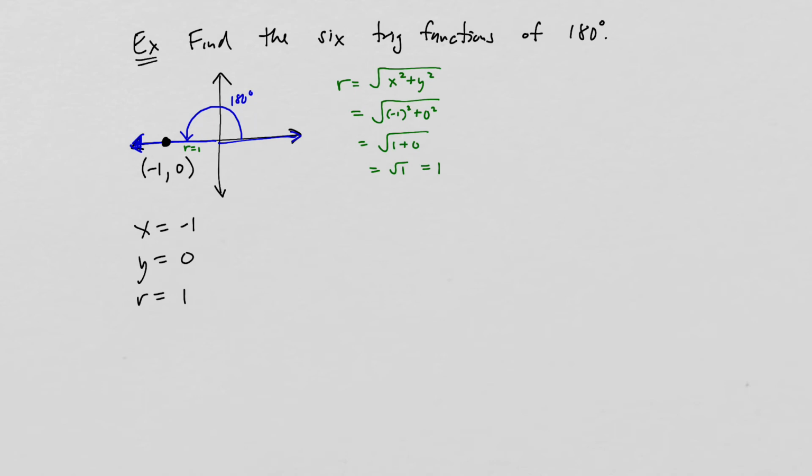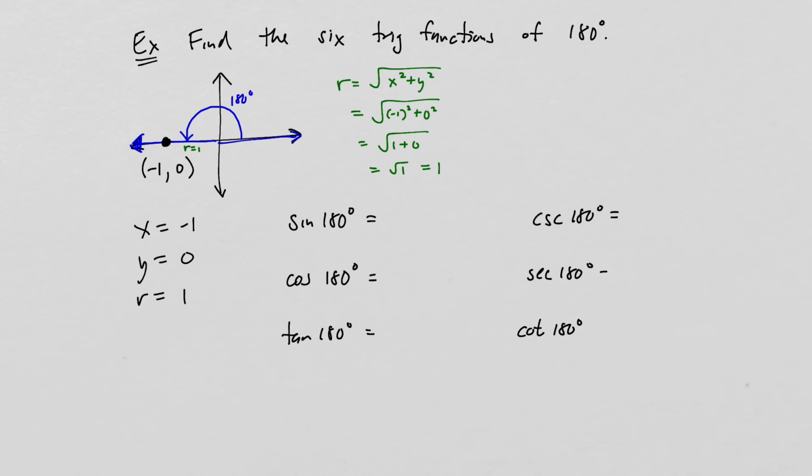And so now we can find the sine of 180 degrees, the cosine of 180, the tangent of 180, and then we will find the cosecant of 180, the secant of 180, and the cotangent of 180. So let's go ahead and go through and do this.